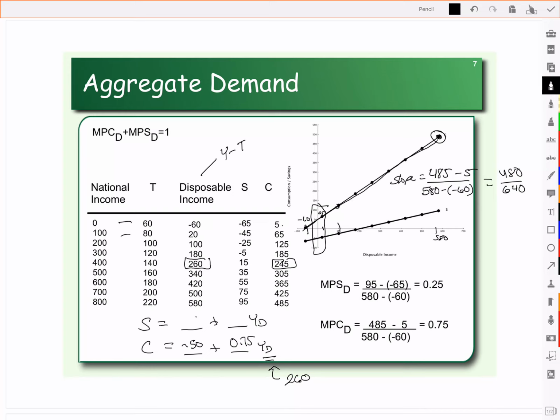Now, we can do the same thing with the savings function, right? We can figure out exactly where it crosses that vertical axis. But we should know what the autonomous savings is if it's a function of disposable income. Because when it comes to your disposable income, your income after taxes, there's only two things you can do with it. You can spend it and you can save it.